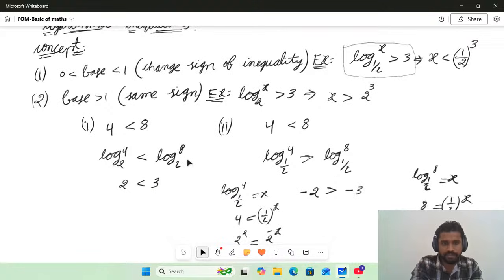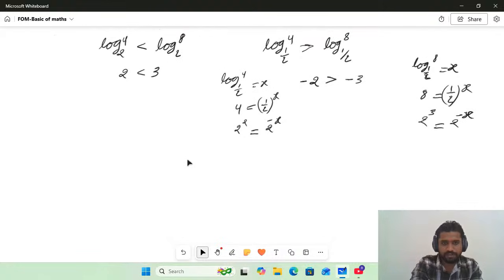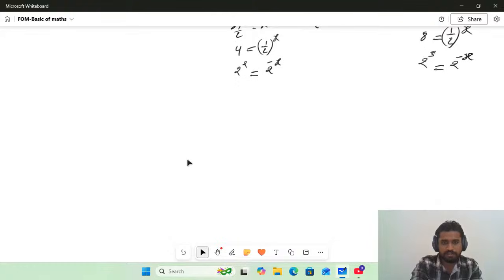And what is the method for solving logarithmic inequalities? Step by step, what are we doing while solving logarithmic inequalities?